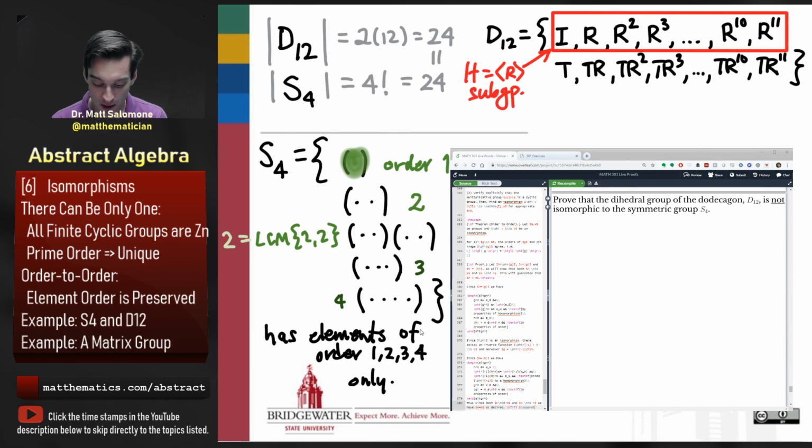Well, what about the other 12 elements in this group? Each of them is related to the elements in my first subgroup. They look awfully similar, don't they? Each one of them is just the result of multiplying by t on the left. And so because of that consistency, we would call this set tH.